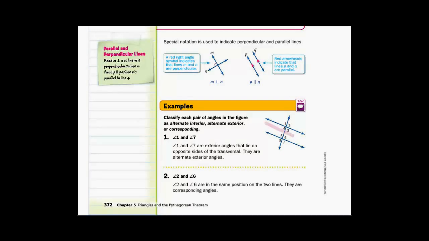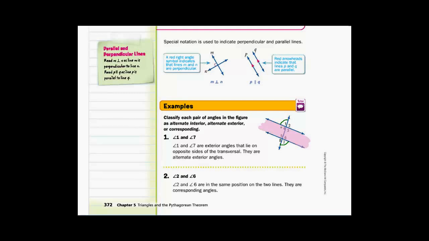All of this inside of these lines would be considered my interior. So if I am saying alternate exterior, I'm talking about ones that are outside. Those are on opposite sides of this transversal, and they are outside. So 1 and 7 are alternate exterior angles.